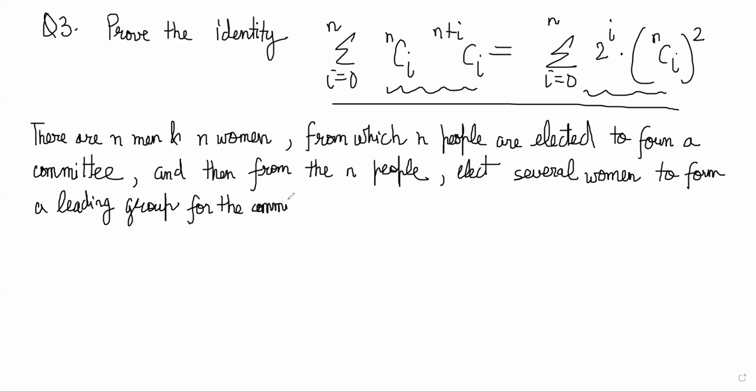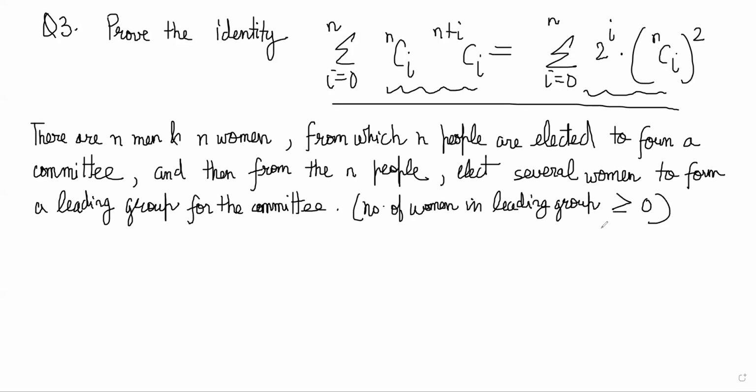The number of women in the leading group is not specified. Number of women in the leading group could be greater than or equal to 0. Obviously, it can be up to n, greater than or equal to 0, right?